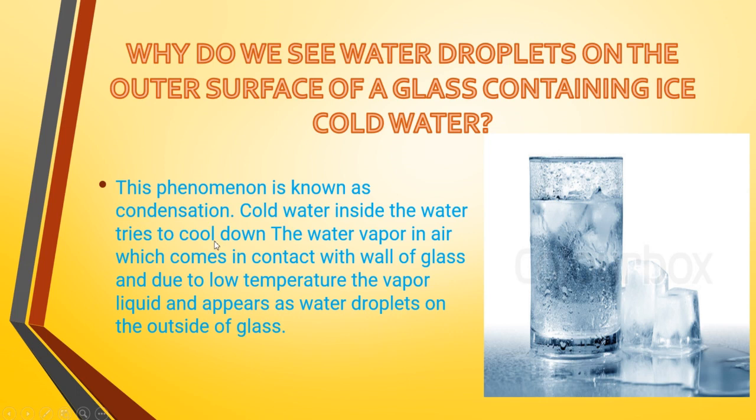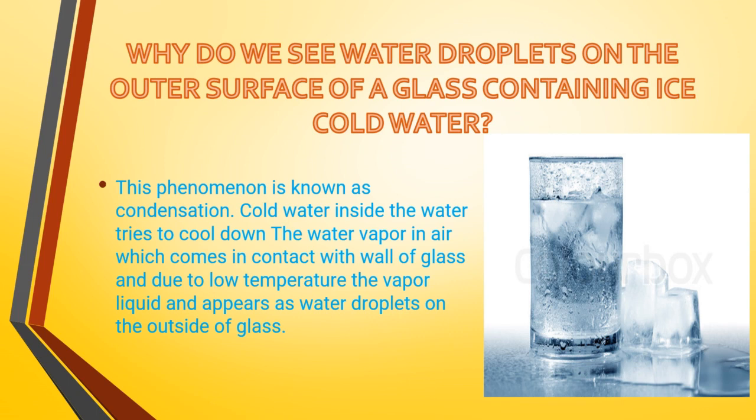The cold water inside tries to cool down, and the water vapor in the air which comes in contact with the wall of the glass, due to the low temperature, turns into liquid and appears as water droplets on the outside of the glass. When this occurs on our body as sweat, and after some time the sweat evaporates, we feel cool.